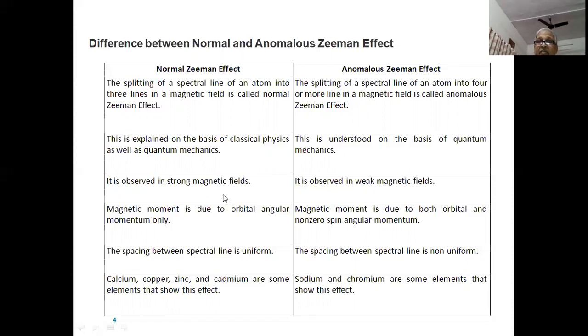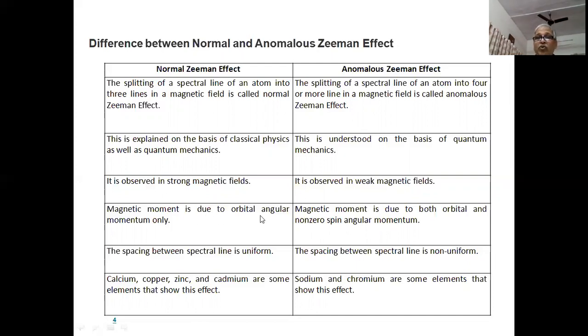Weak and strong are in comparison with the internal magnetic field due to L and S. If the external magnetic field is greater than the internal magnetic field due to L and S, it is called strong magnetic field. If the external magnetic field is weak in comparison to the magnetic field due to L and S, it is called weak magnetic field.